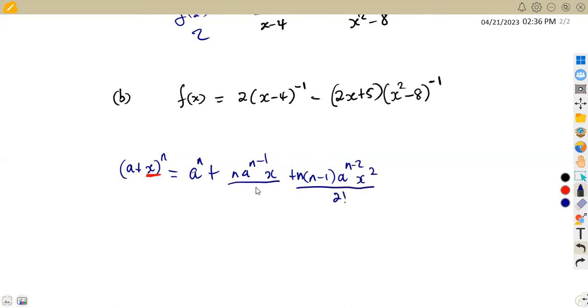So this was 1 factorial, but 1 factorial does not affect. Okay, so this is 2 factorial, plus, so we are going to expand. Remember, we said the highest exponent must be 3. So let's just expand up to 3. So this is going to be n into (n minus 1), (n minus 2), a to the exponent of n minus 3, x to the exponent of 3 over 3 factorial.